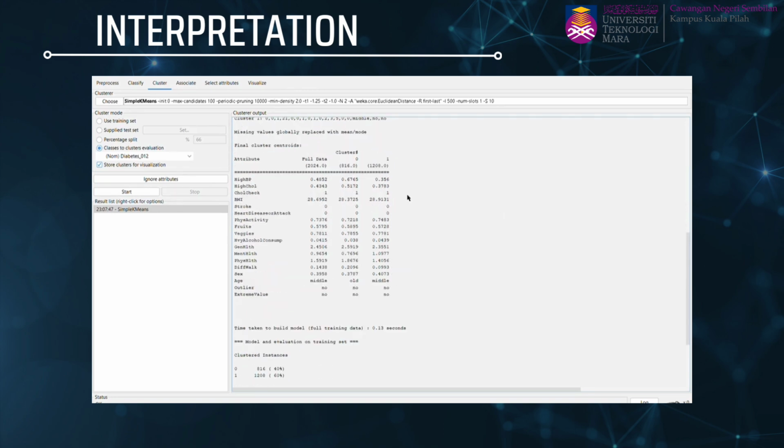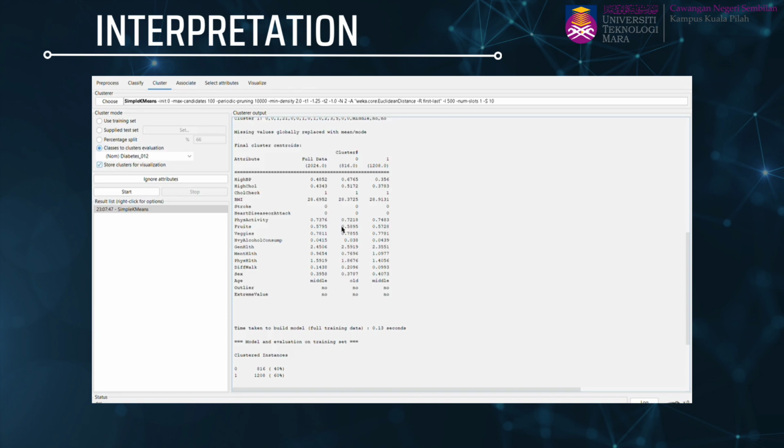And based on all of this data, we can basically interpret that those that have diabetes usually have high BP and high cholesterol, and they have done their cholesterol check, have lower BMI, do not have stroke or heart disease or attack, and they don't do physical activities.